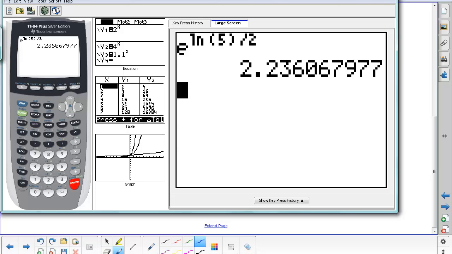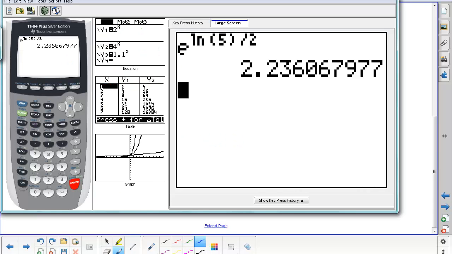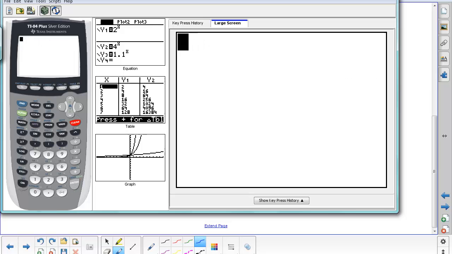And get... oh wait, that's x, so we actually need to multiply it by 2, right? So let me back up. And we're saying e to the natural log (5 over 2).